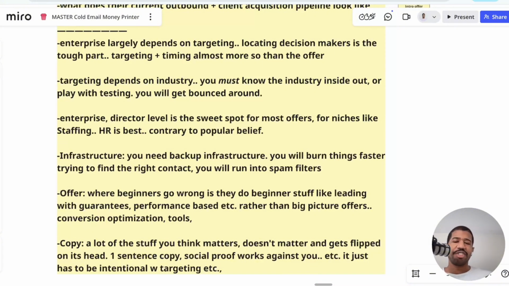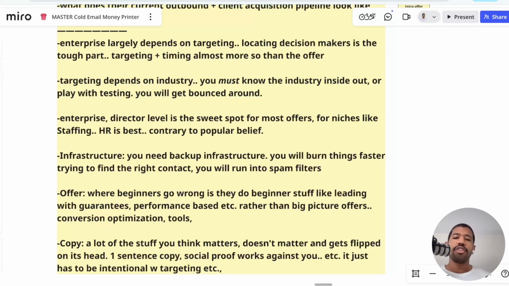That takes a lot of management from their financial departments, rather than just big picture offers like, hey, we have this tool that allows you to do X, Y, and Z, or we're in the business of conversion optimization. Because again, they might already have a YouTube client acquisition strategy, or a content, or a cold email or a cold calling client acquisition strategy, right?